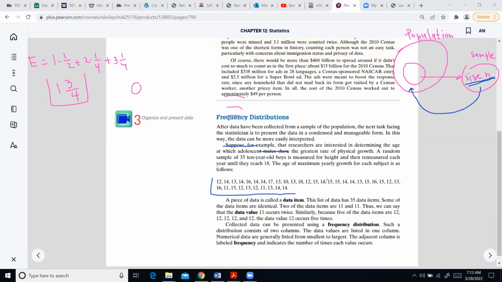So that's a sample, and we can calculate how many elements are in here and do various summaries based on these samples.